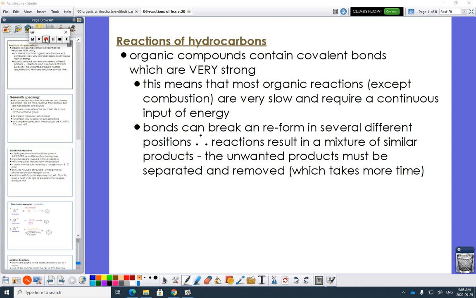And so I talked about how if we were going to do the reactions in class, many of them we would have to use the stock hydrochloric acid. You would have to heat them up in a water bath, so inputting the heat, except combustion. Organic molecules will readily burn, okay?